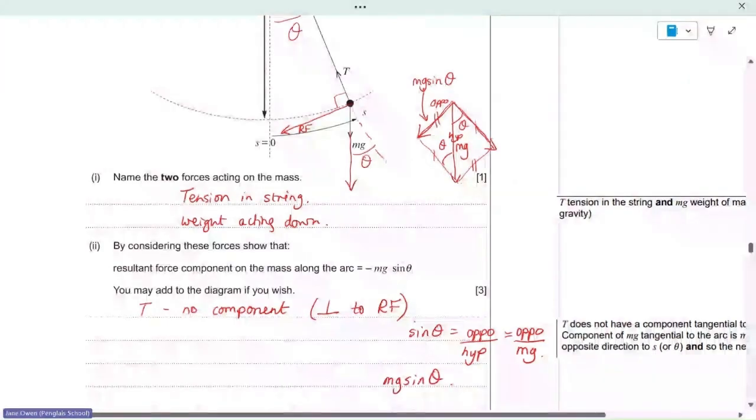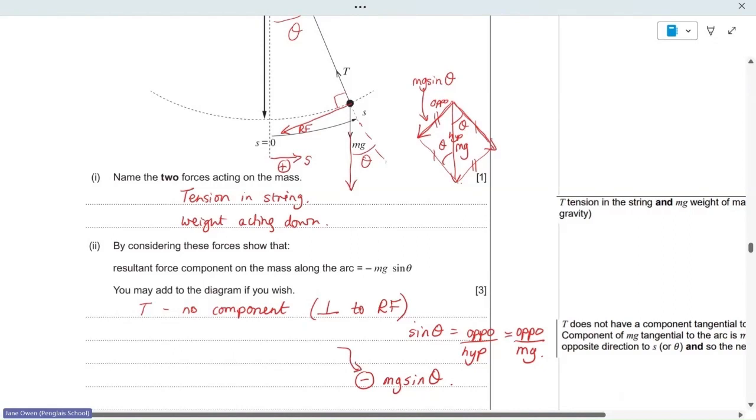Now, that's not the whole story, because if I take this direction as positive, the displacement s from the equilibrium position at s equals 0, then the force is acting in the opposite direction. So that's why we put a negative in front.